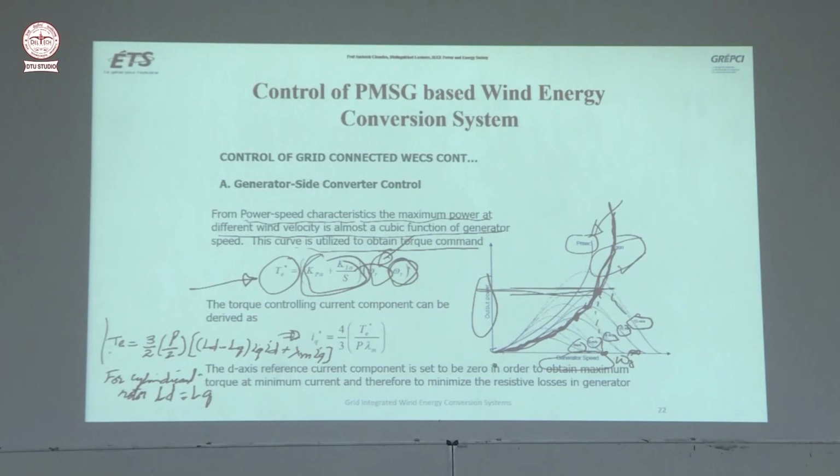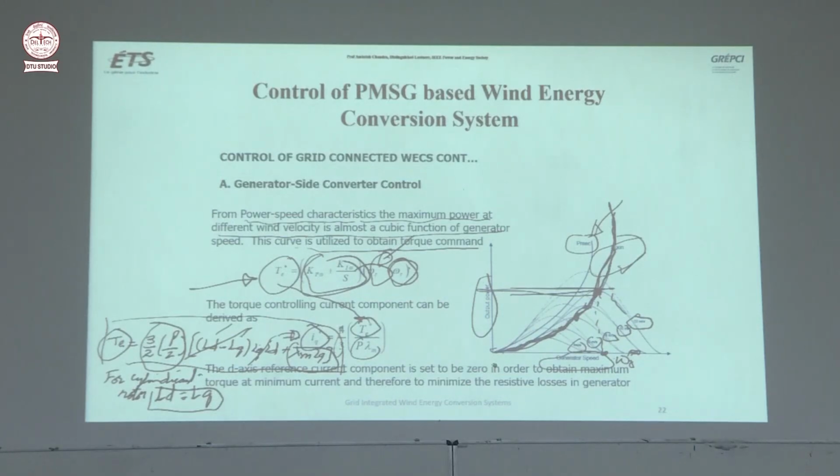Now for electric torque, this is the equation for this machine, and here you see the D axis inductance and Q axis inductance. But if we consider a cylindrical rotor, LD is equal to LQ, so this term will be 0. Finally you will have this and this portion. If we have the reference electrical torque here and you know all these values, you can calculate the reference Q axis current, which is proportional to the electric torque.